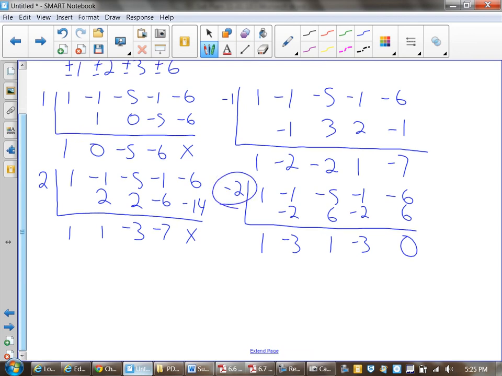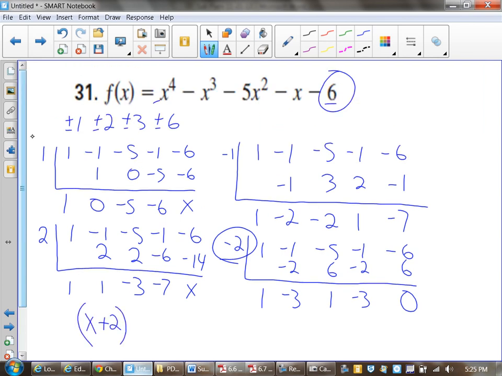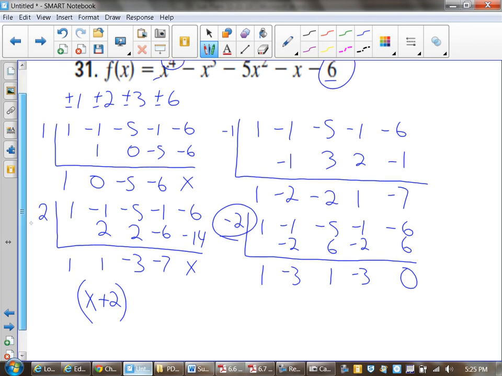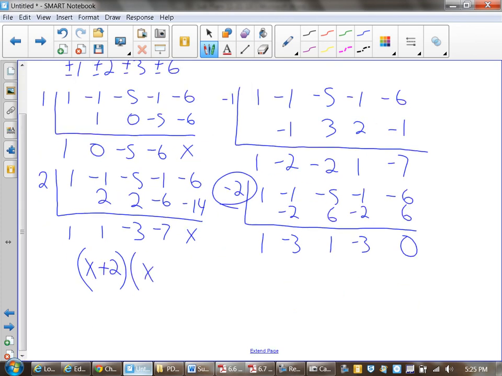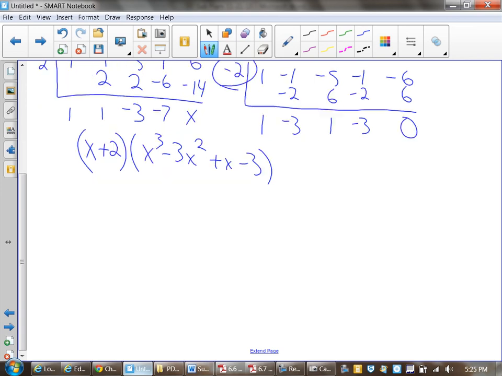If negative 2 is my 0, that means my term is x plus 2. And now that I started with a 4th degree polynomial, I'm now with a 3rd degree, x cubed minus 3x squared plus x minus 3. And once again, you should recognize something that can be factored by grouping.